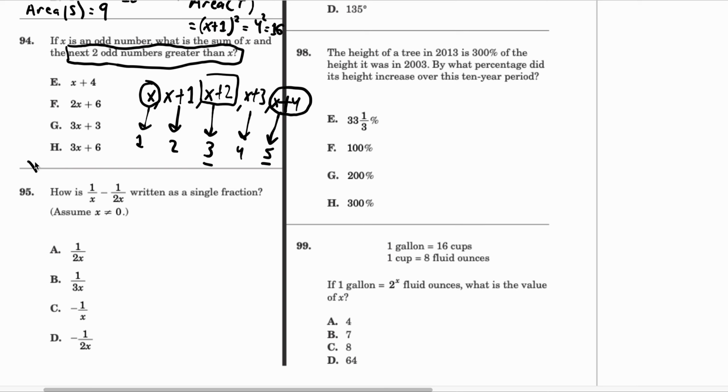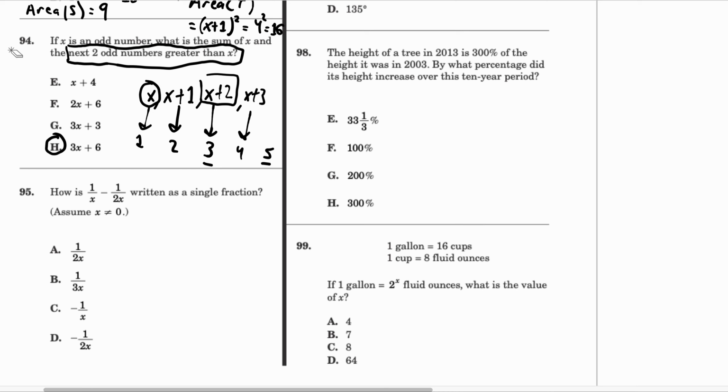So that sum is going to be x plus x plus 2 plus x plus 4. So we can take our three x's, add them together, and then we have plus 2 and plus 4. So that adds together to be 6, and then our total sum is going to be 3x plus 6. Alright, I'm going to do a little bit of erasing.